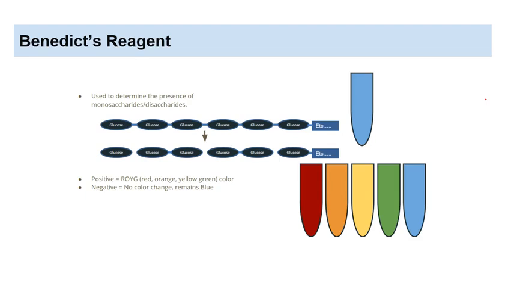Next, we have Benedict's reagent. Benedict's reagent is another reagent for small or simple sugars like monosaccharide and disaccharide. The Benedict reagent itself is blue, but when we have a simple sugar like monosaccharide or disaccharide, the solution color after adding the Benedict reagent changes to red, orange, yellow, or green.